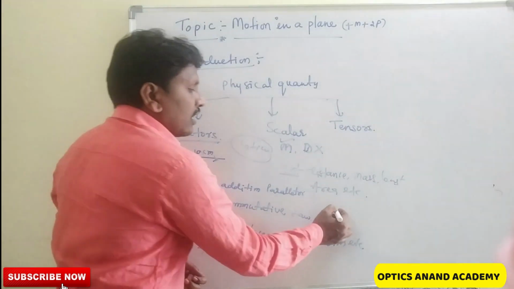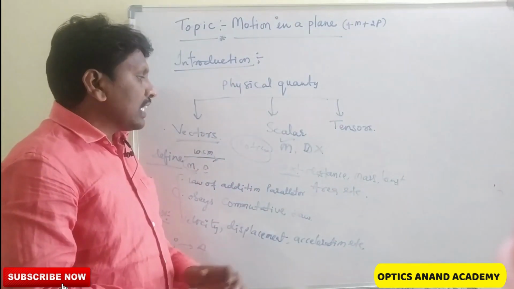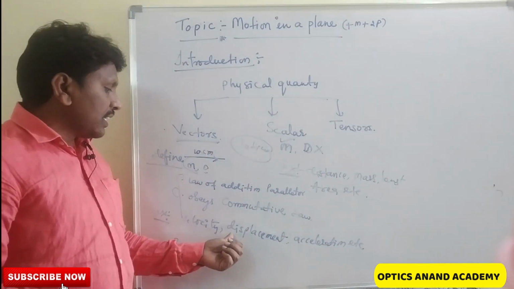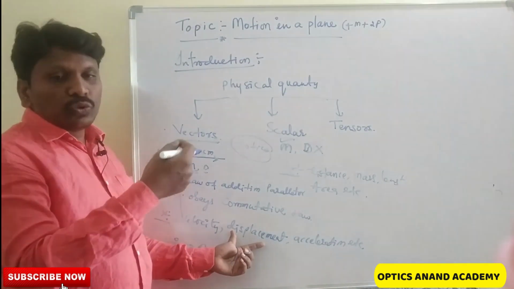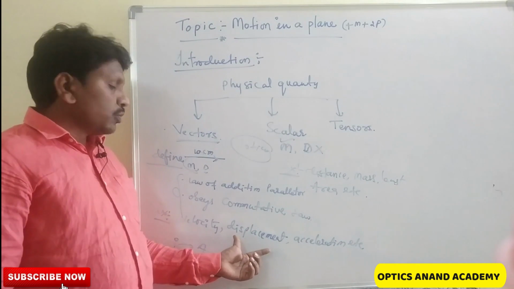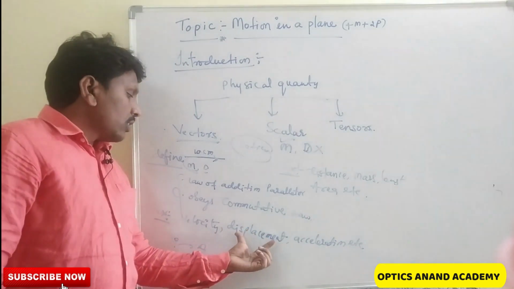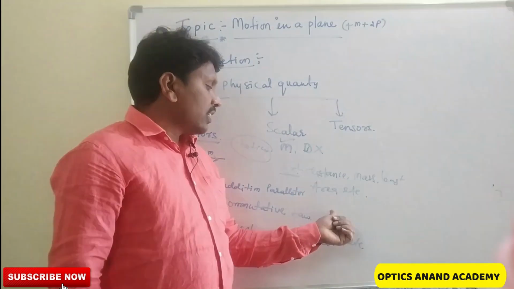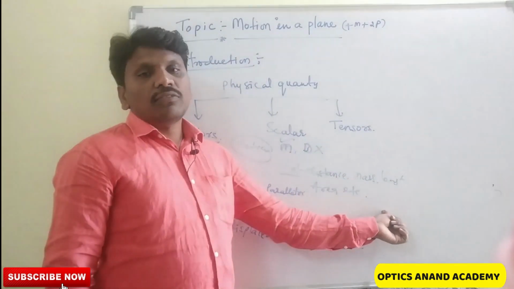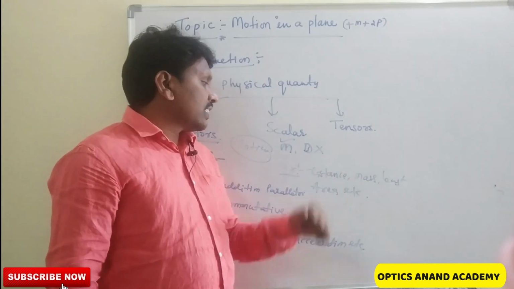Distance is the total path length travelled by the body, whereas displacement is the shortest distance between two points.